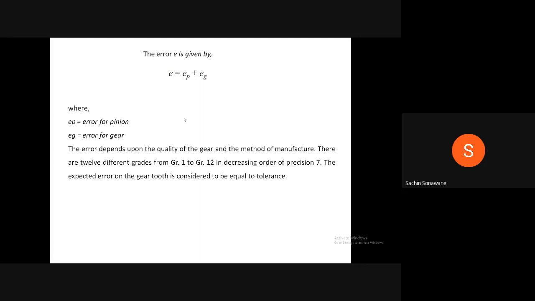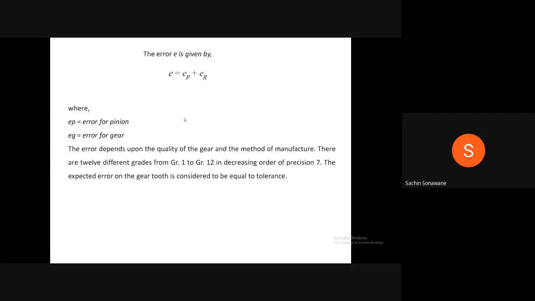Therefore, the error E is given by, as I already told you, E is equal to EP plus EG, where EP is error for pinion and EG is error for gear. The error depends upon the quality of the gear and the method of manufacture. There are 12 different grades from grade 1 to grade 12 in decreasing order of precision, given in table 7.